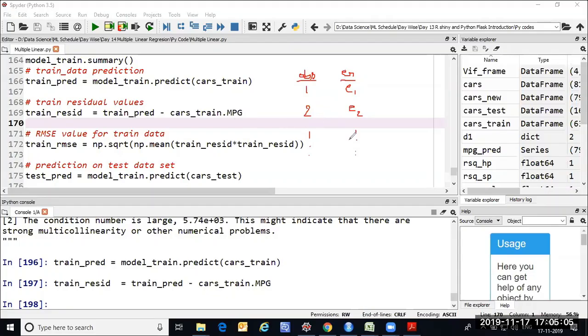Now, can I straight away compare? Because now we are trying to compare the model's performance between the training data and test data. These are all the errors I captured on the training data. Does it really make sense to compare each observation's error between training and test?